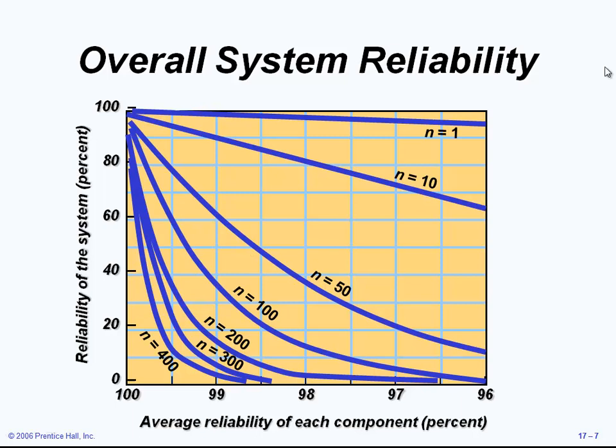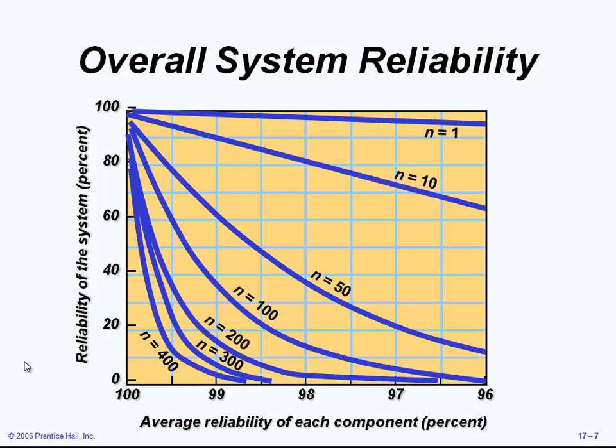In this case, you can see that the average reliability of the component in percentage, which is 100%, will make the reliability of the system 100%. The decrease of that component will decrease the reliability of the system. Having 10 components will decrease it more, 50 components more, and 400 components. You can see the decline in the reliability of having 400 components.